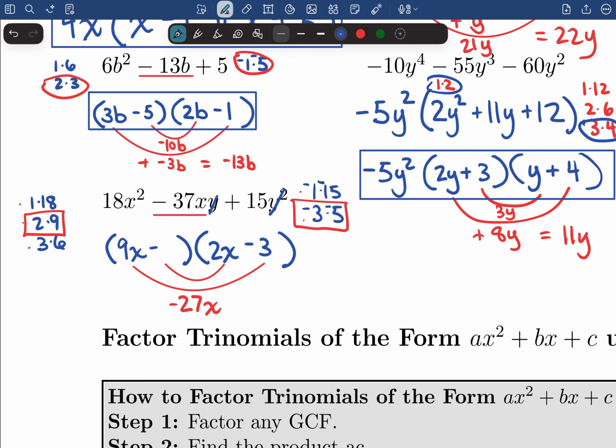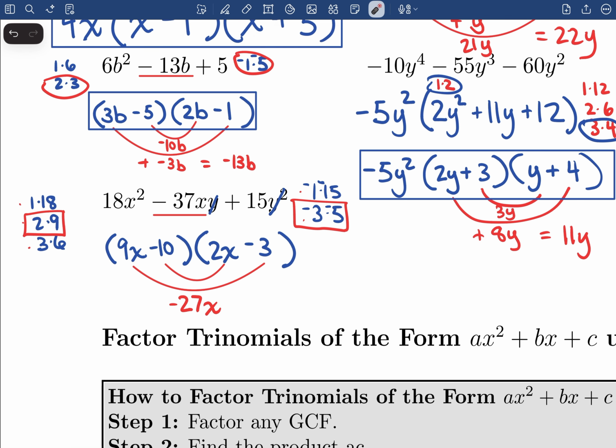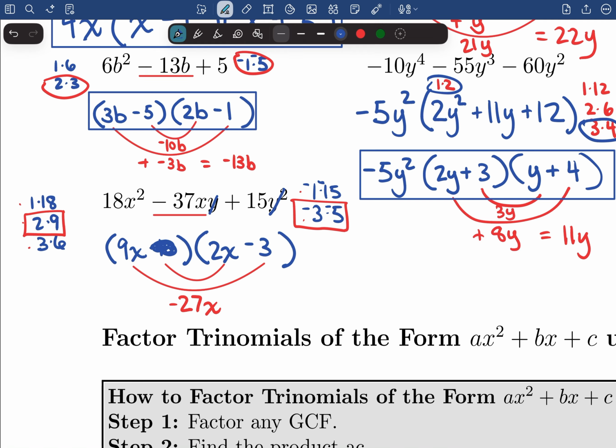So they're the inner terms there and there. Oh, forgive me, I got ahead of myself. This is negative 5. There we go. And that's what makes negative 10x. Great. And negative 10x minus 27x is a negative 37x, which is exactly what I wanted.